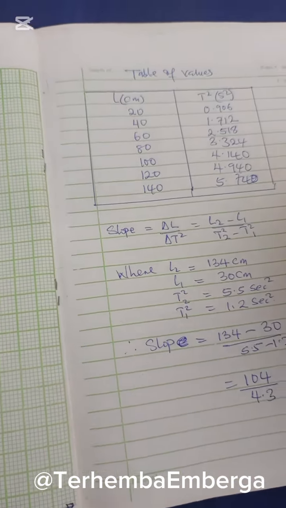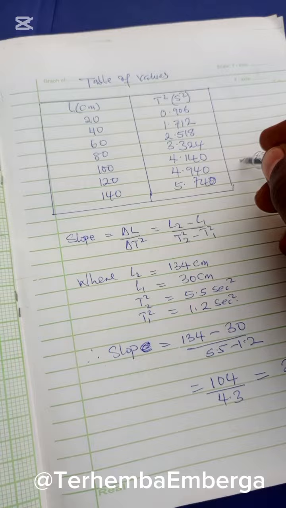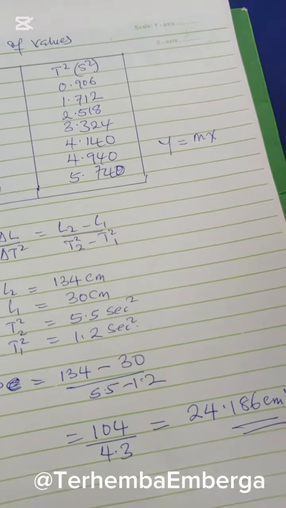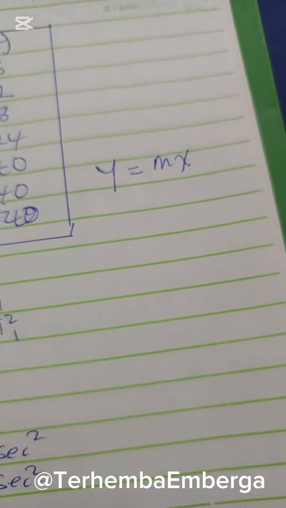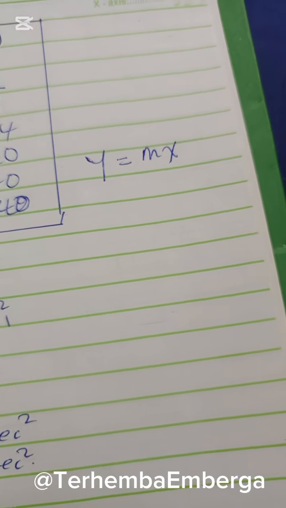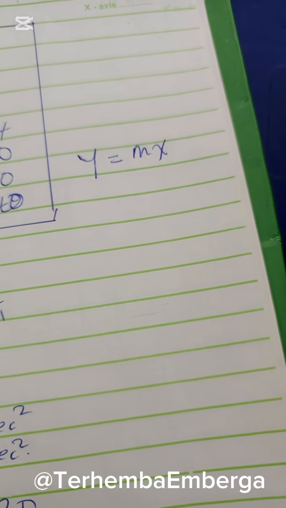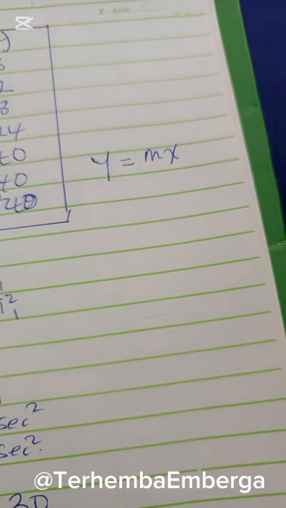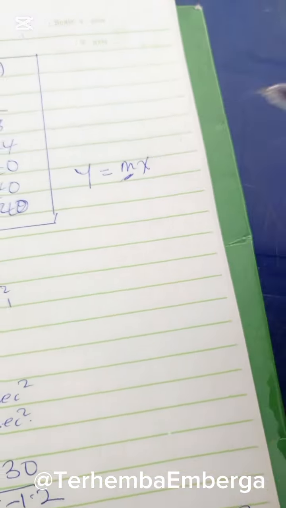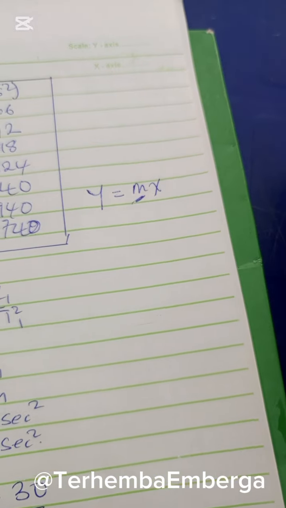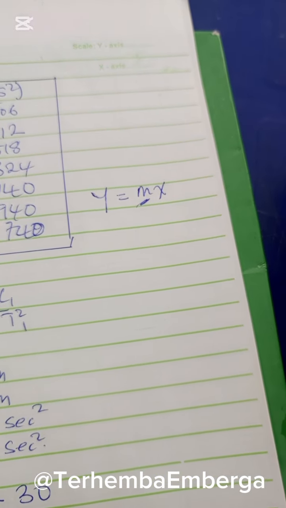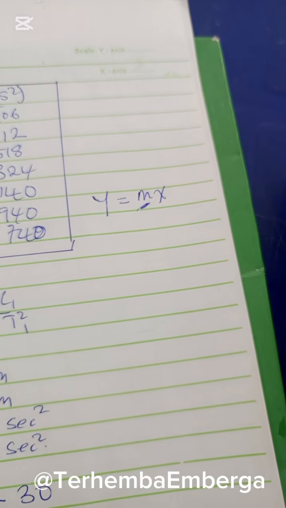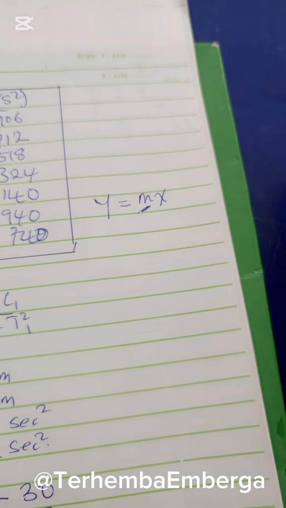And normally a linear graph takes the form of y equal to mx, where x is an independent variable and y is a dependent variable, and m is what we call the slope. So if you vary x, there will be a corresponding effect on y.